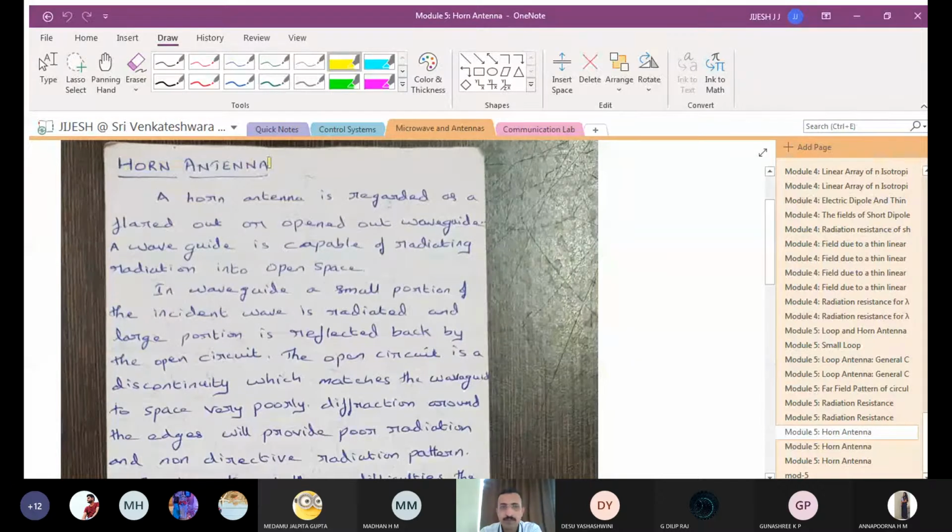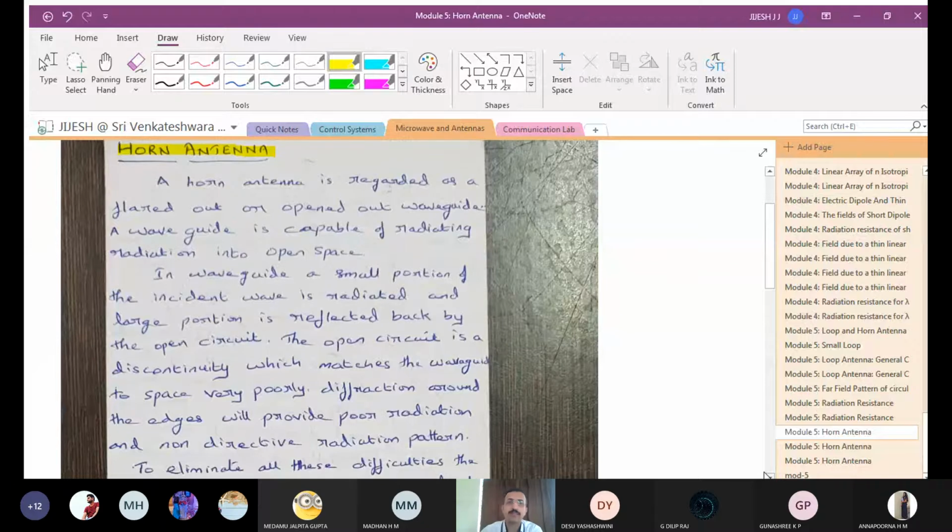The horn antenna is regarded as a flared out or opened out waveguide. A waveguide is capable of radiating into open space.